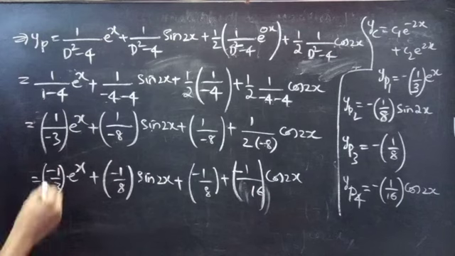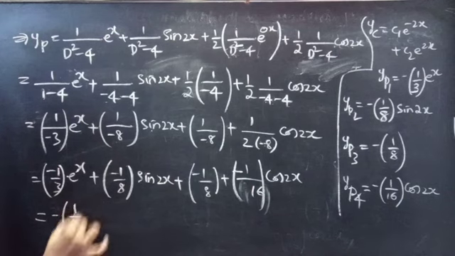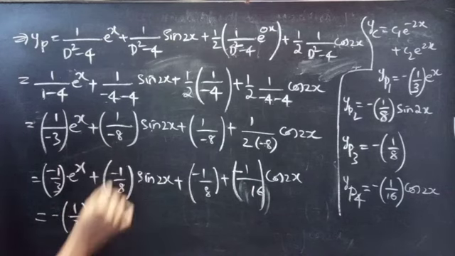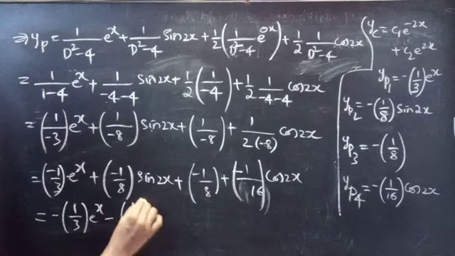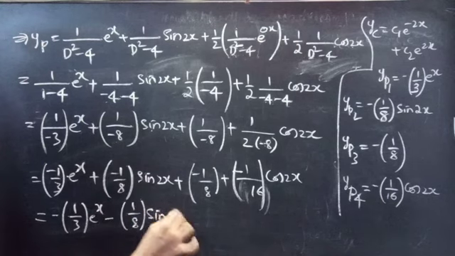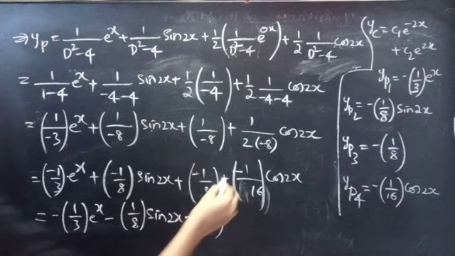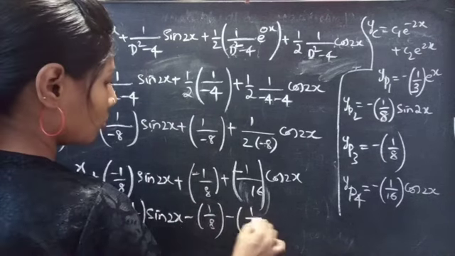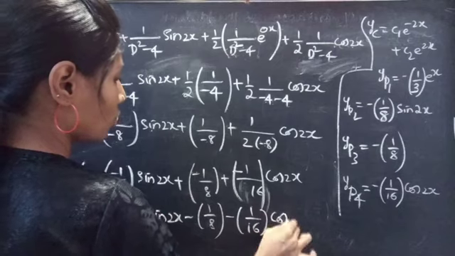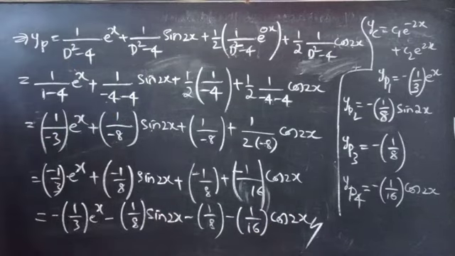Now yp becomes minus 1 by 3 into e power x plus minus 1 by 8 into sine 2x plus minus 1 by 8 plus minus 1 by 16 into cos 2x.